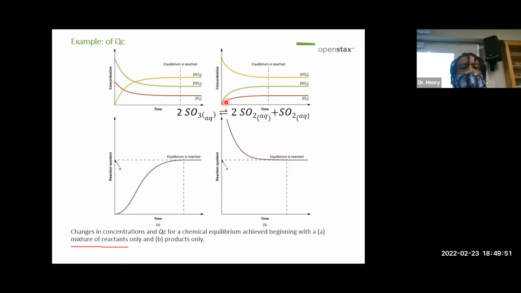So as we have only our product, our Q is going to be greater than this value. Let me fix the equation real quick, and then you need to fix it on your screen too, so you write it up the correct way.